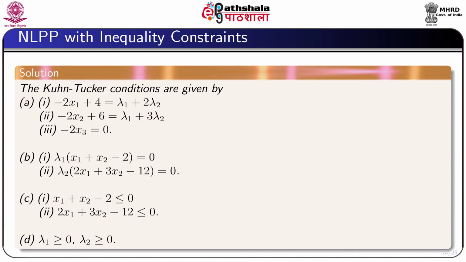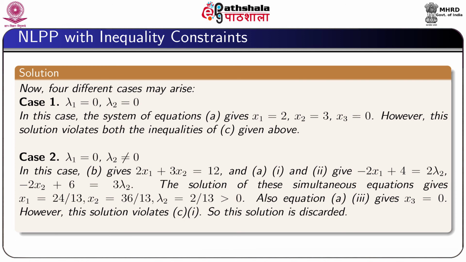Then the Kuhn-Tucker conditions are given by the conditions in A, B, C and D. Now, we have 4 different cases.